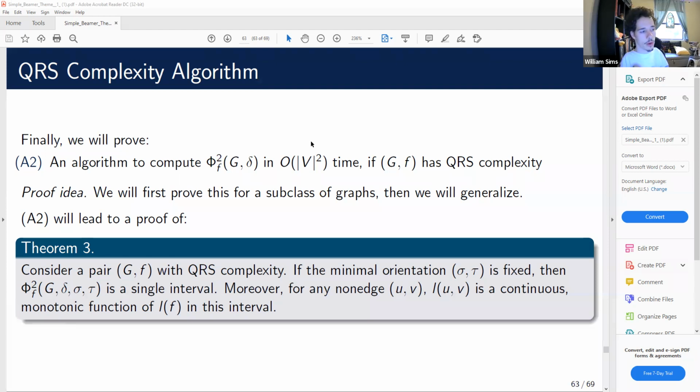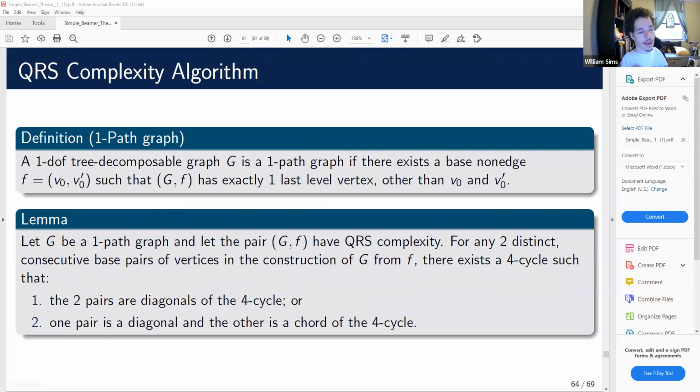Yeah. So the kind of nice use of the 4-cycle theorem is this lemma right here, for special types of graphs called one-path graphs, where a one-path graph is just a graph where if you construct it from F, it has exactly one last level vertex. So kind of just like easy graphs to construct. And the point is we can, using the 4-cycle theorem, say exactly where all of the base pairs of vertices are going to be as you perform each recombination step.